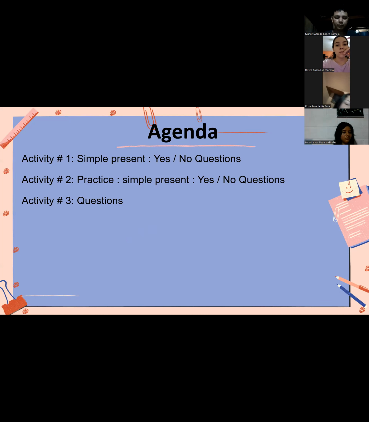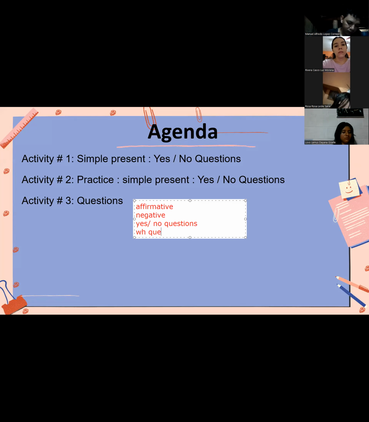In English class, just before I continue, any topic that we talk about, the present, the past, the present continuous, the present perfect, will have affirmative, negative, yes or no questions, and WH questions.